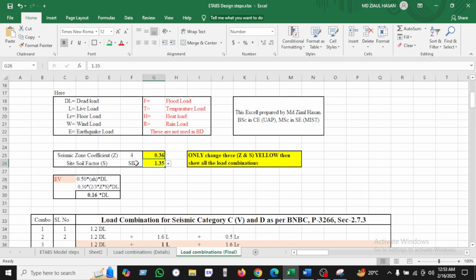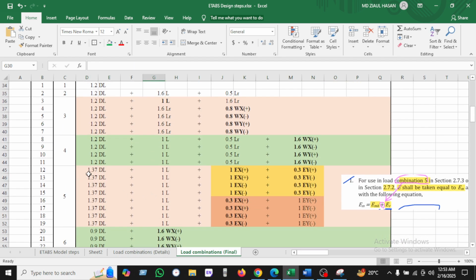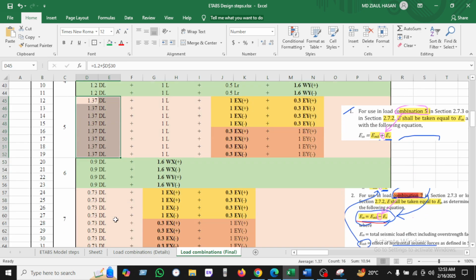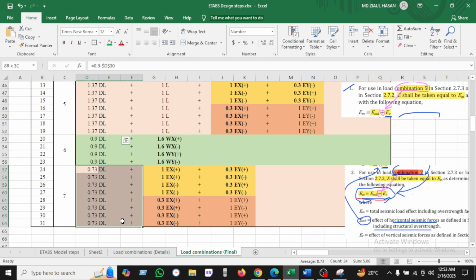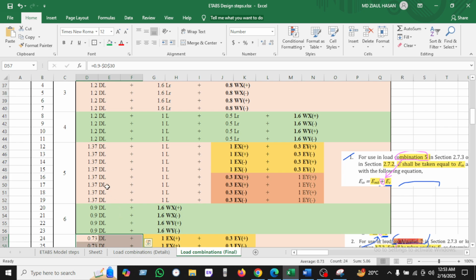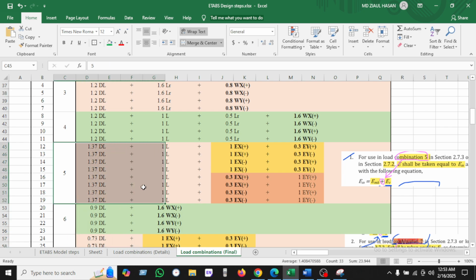And if we change the soil factor, which is S1, SB, SC, and we find the maximum value 1.4, then it will also change to 1.7. Then we can see here the dead load also will be changed, and these are load combinations 5 and 7.